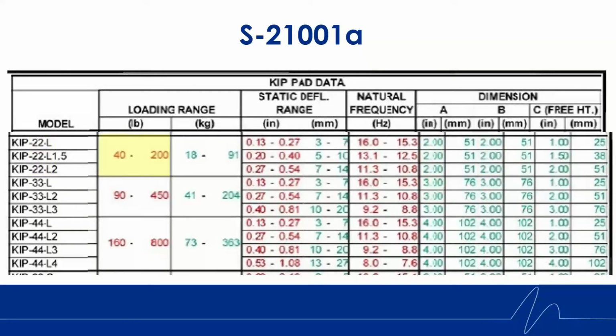Remembering that the min and max load is 10 psi to 50 psi, that is why we see a range of 40 pounds to 200 pounds. Though these 3 models share the same surface area, their heights are all different. This explains why the deflection ranges are all different, as well as the natural frequencies.